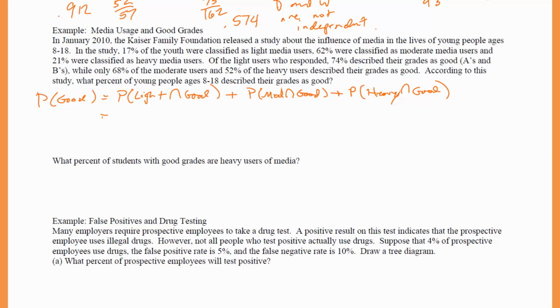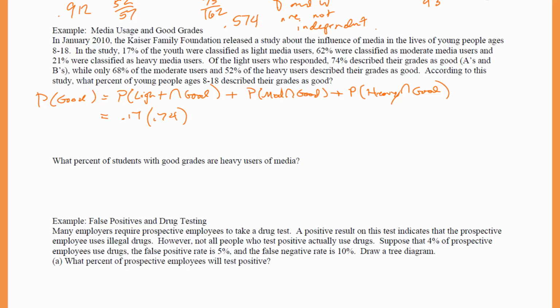If we want the probability of being a light media user and having good grades, we're going to need to take the probability of being a light media user, which is 0.17, and multiply it by the probability of having good grades if you're a light media user. That was 0.74.